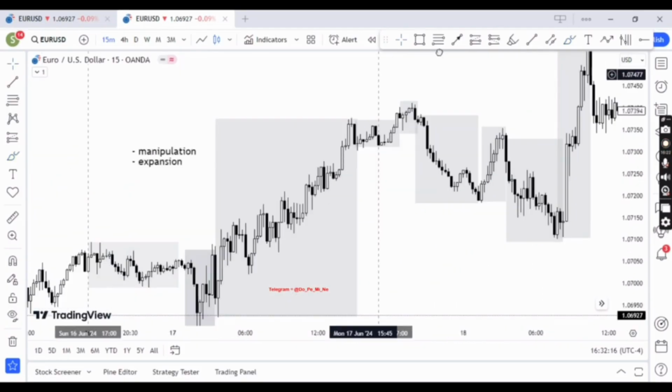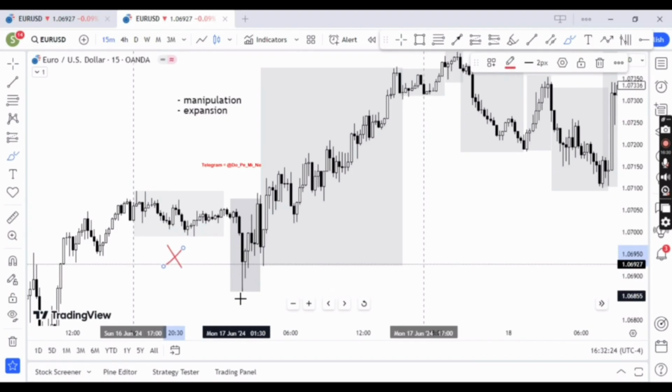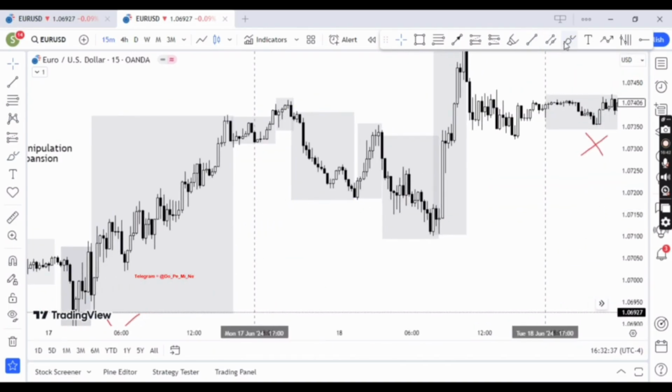So let's see, we're going to start off with Monday. On Monday, obviously you would have avoided trading this ranging profile, you would have avoided trading this manipulation profile, and you would have only traded this expansion profile, and it would have offered you this expansion exposure more towards the upside, right? Then on Tuesday, obviously you would have avoided trading this ranging profile and this manipulation profile, and only traded what?